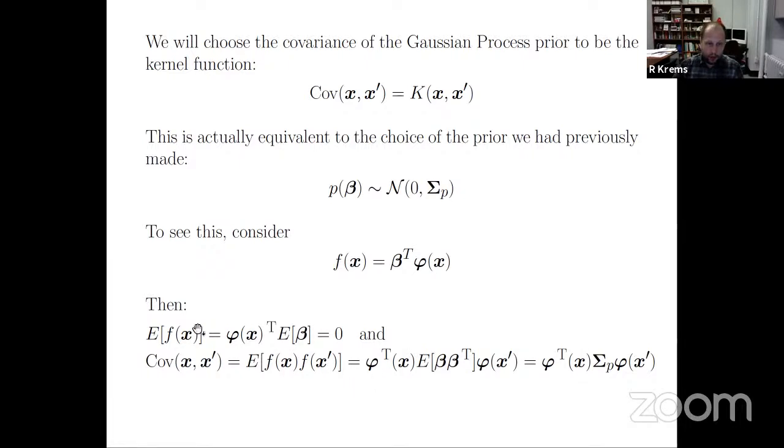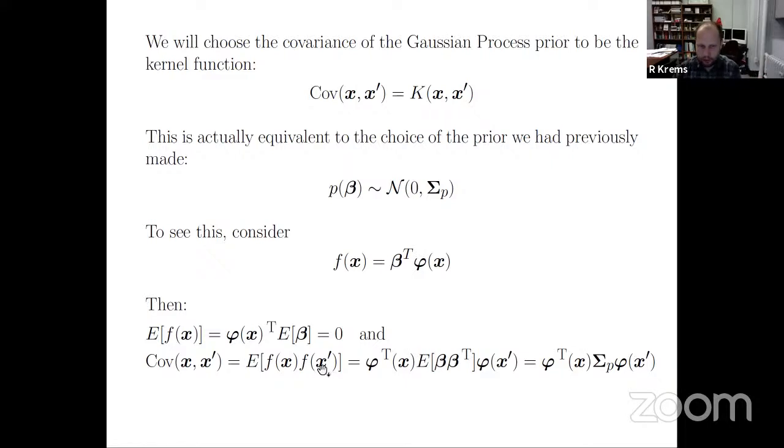Now if you look at the expected value of f of x, this part here doesn't have any random variables in it, so you can take it out of the expected value, and that's going to be just the expected value of beta. Because we chose the distribution of beta to have zero mean, this is going to be zero. That's actually why I'm writing the covariance as a simple product of f of x and f of x prime.